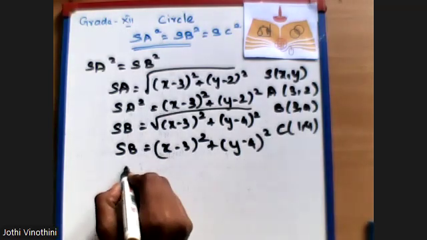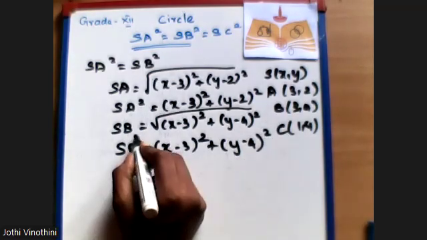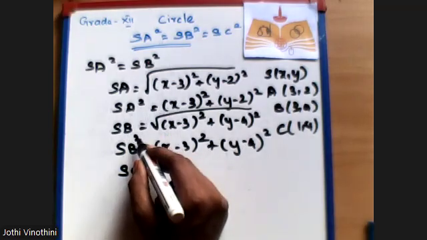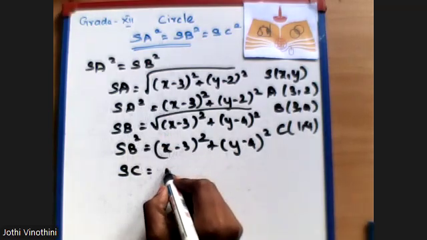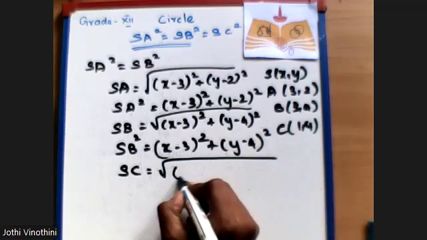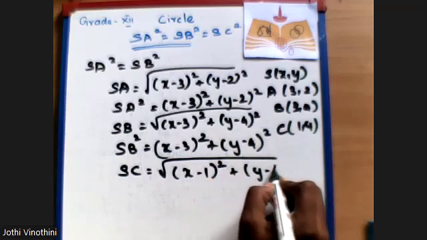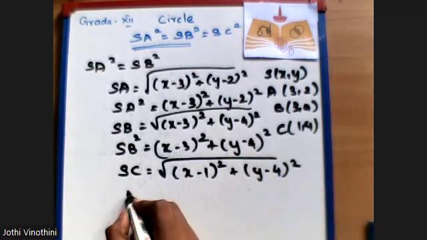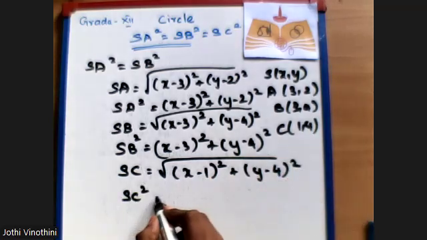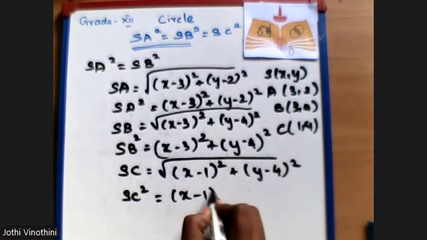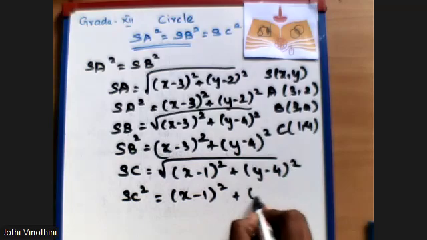Then SC equals square root of x minus 1 the whole square plus y minus 4 the whole square. When we square SC, the square root and square get cancelled. So SC squared equals x minus 1 the whole square plus y minus 4 the whole square.